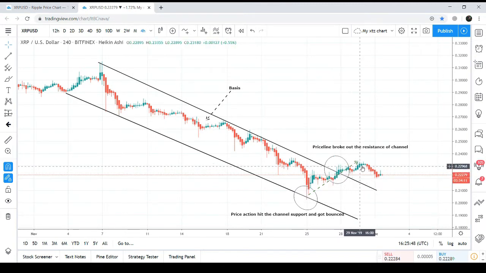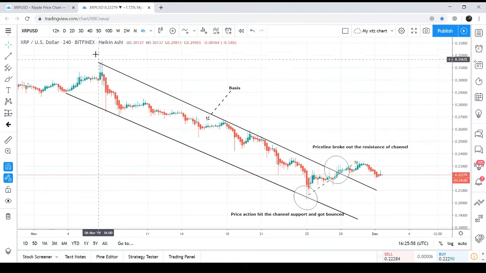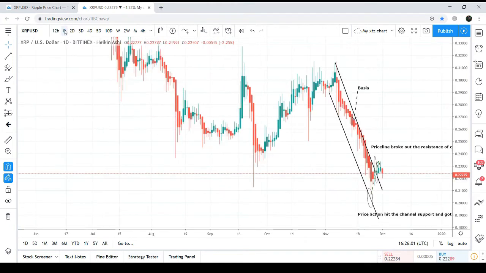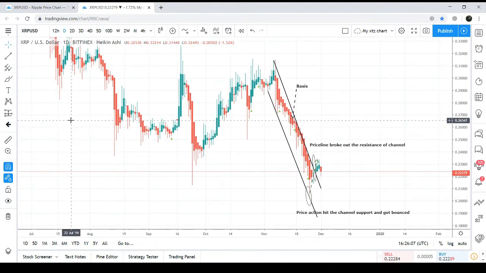Now it has completed the correction time period, and now it is moving sideways. Now back to the day chart, because up to the 12-hour chart, all the indicators are turned bullish.